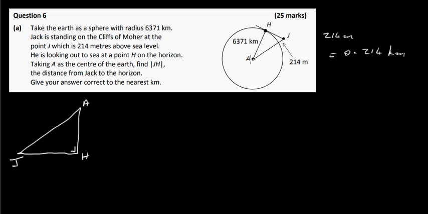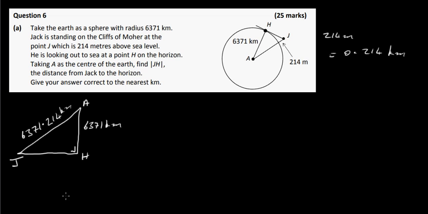From A to H is 6371 kilometers. From A to J, the hypotenuse of this triangle, is going to be 6371, plus this little bit up here, which is 0.214 kilometers.